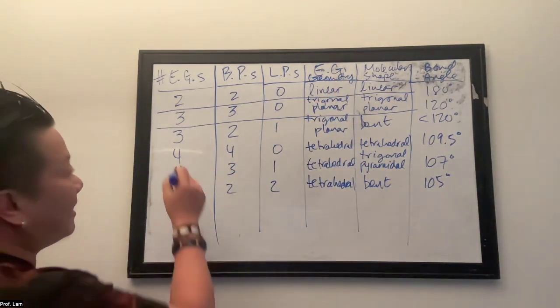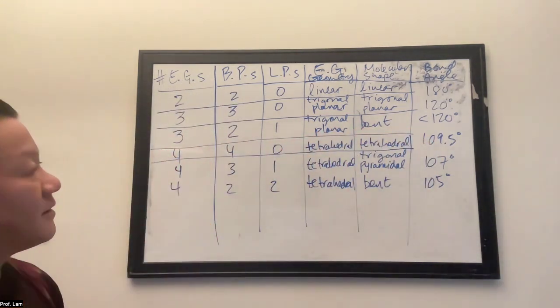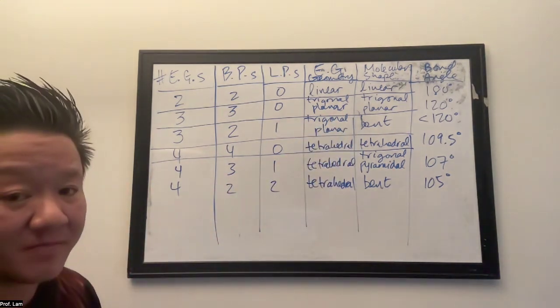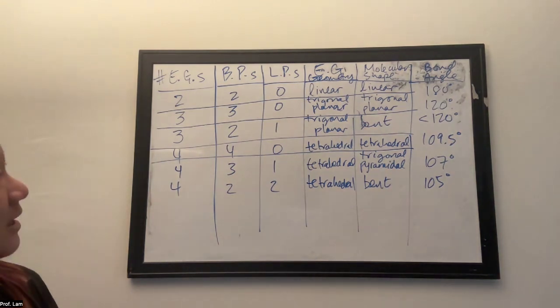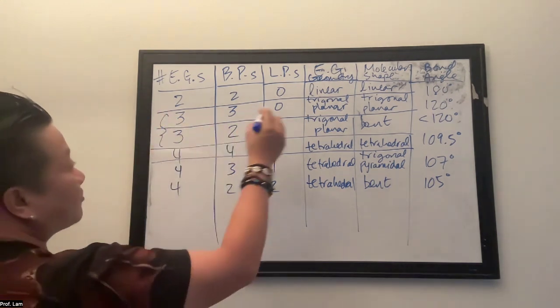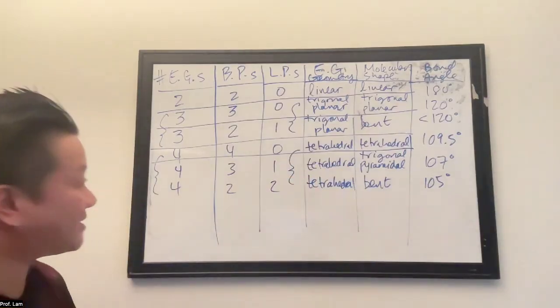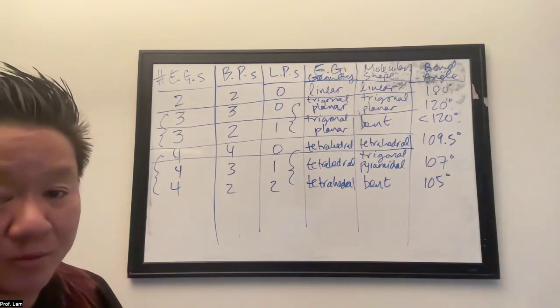Same here, okay? So when is it the electron group geometry and molecular shape are the same? It's when you have 0 lone pairs. And then what's another pattern to see? Well, if you have 3 electron groups, it's always trigonal planar. If you have 4 electron groups, it's always tetrahedral. And the molecular shape changes based on the lone pairs.